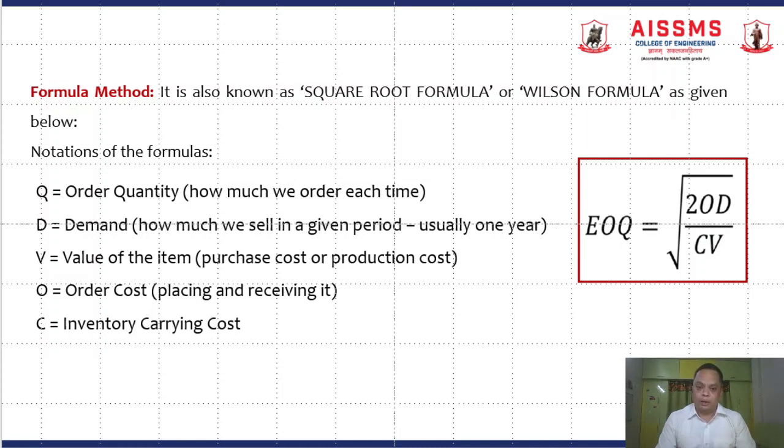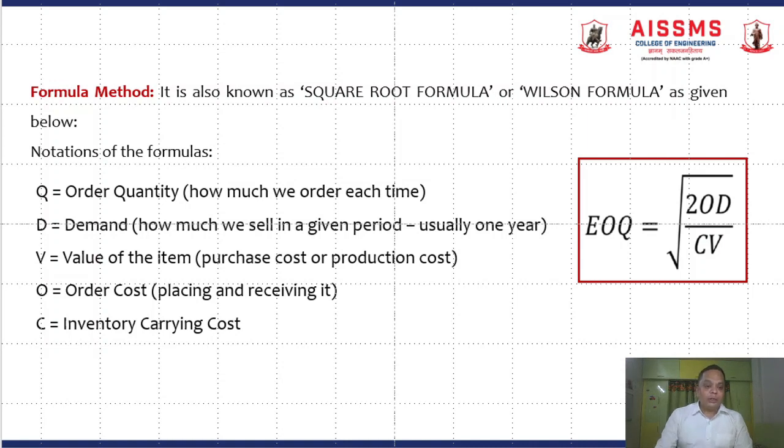D is demand, how much demand per year. V is the value per unit, or purchase cost or production cost. O is the order cost, for placing and receiving the order. And C is the inventory carrying cost. The EOQ formula says: square root of 2OD by CV.